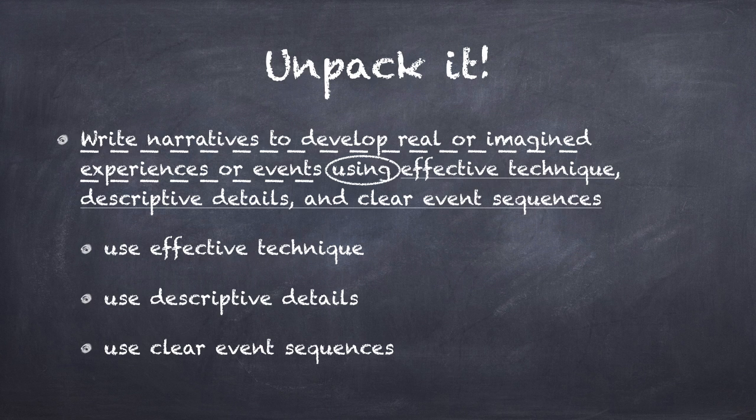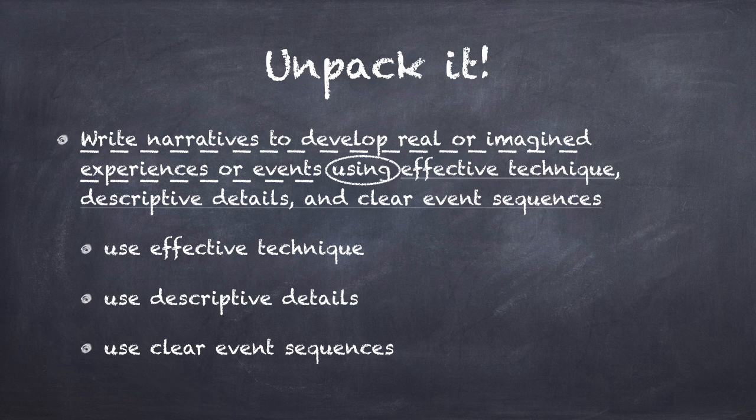It says effective technique, descriptive details, and clear event sequences. So that's the main concept that students have to master or should master. And what they need to do with it is be able to use them. So students need to be able to use effective techniques, use descriptive details, and use clear event sequences. And this is all within the context of writing narratives.